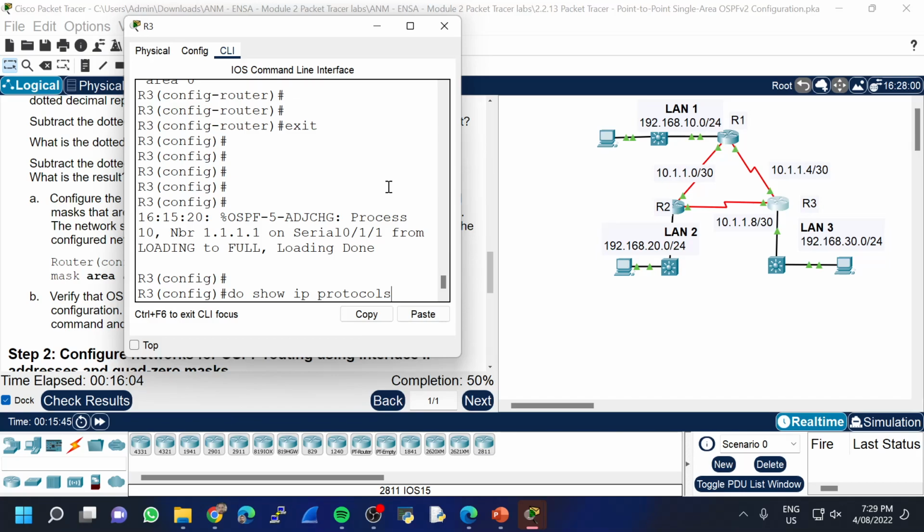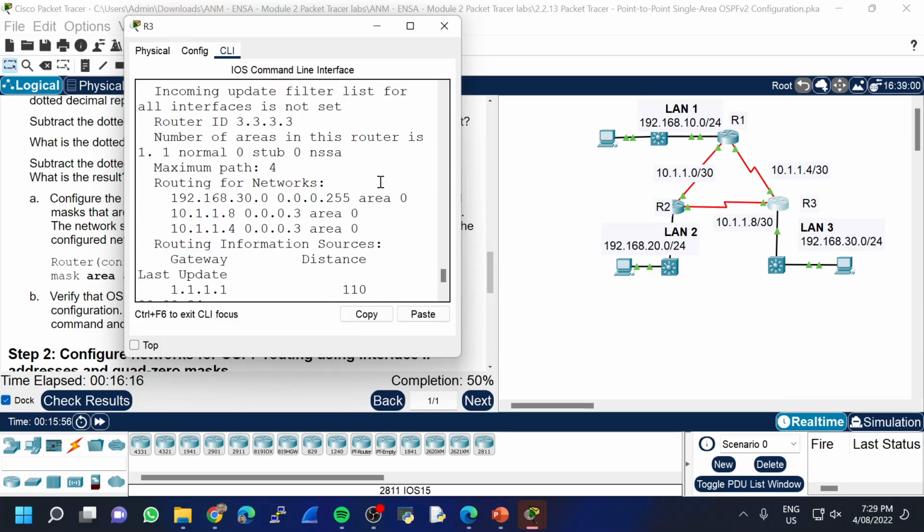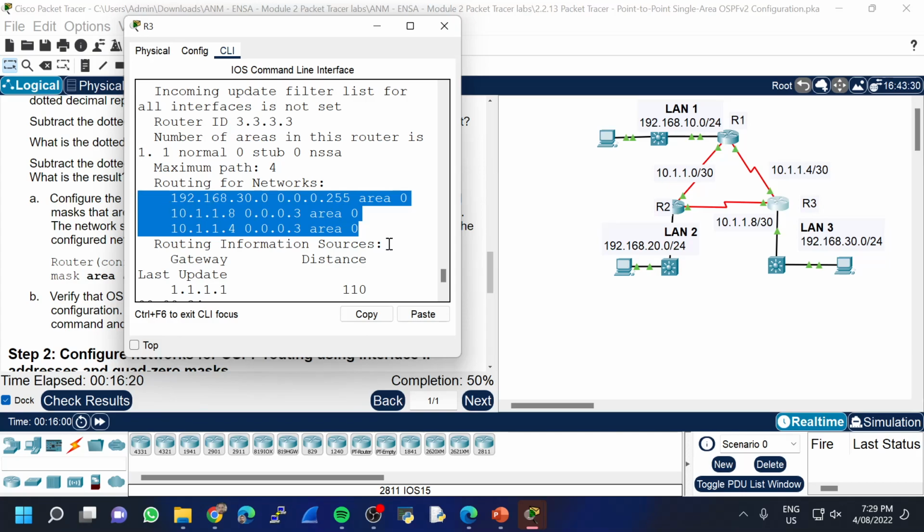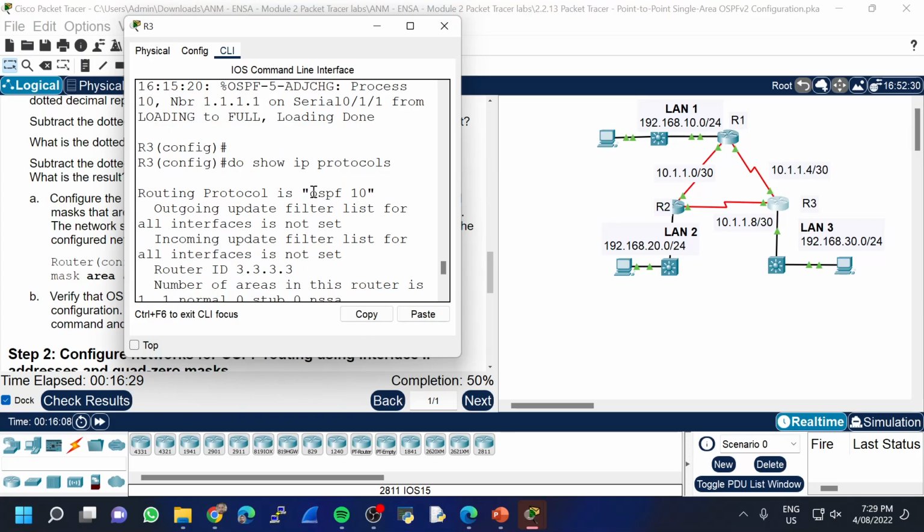To inherit the verification commands from privileged exec, you need to include the do in front of the command you want to execute in global config. And there you go. We've got the 3 networks here: 192.168.30.0, area 0, 10.1.1.8, and 10.1.1.4. This is all running OSPF process ID number 10. The router ID has been configured to 3.3.3.3.